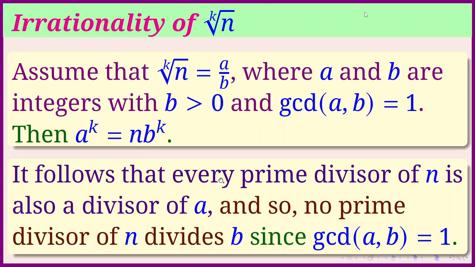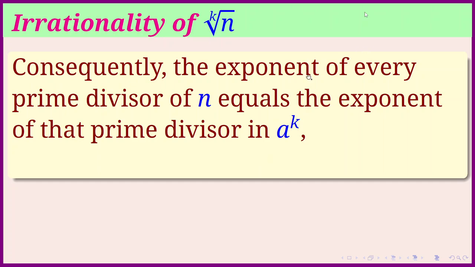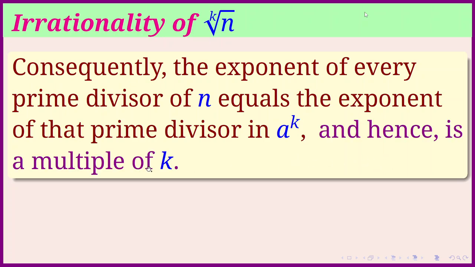Therefore, the exponent of every prime divisor of n equals the exponent of that prime divisor in the left hand side, that is a to the power k. And so, it is a multiple of k, because here every exponent is a multiple of k.